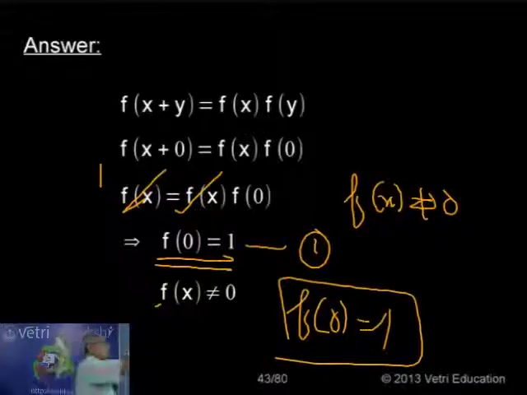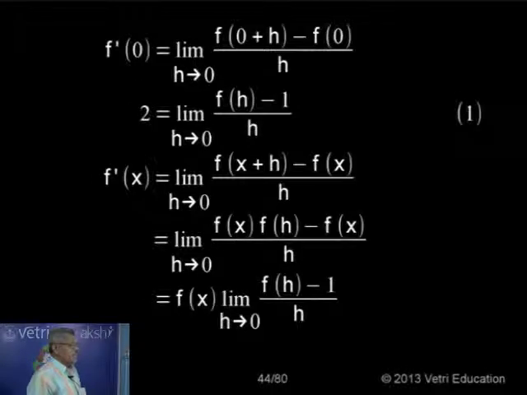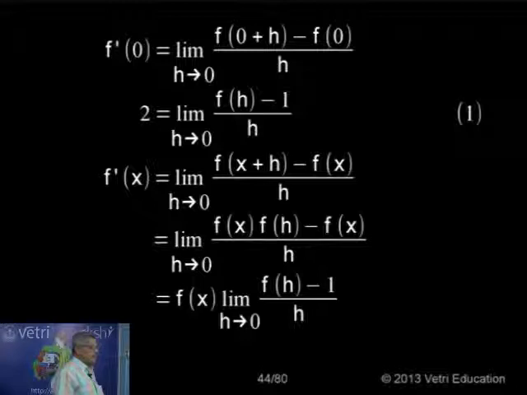Now, once f of 0 is 1, we are making use of the condition of differentiability. The function is differentiable. Therefore, f dash x is limit h tends to 0, f of x plus h minus f of x by h. f dash 0 is limit h tends to 0, f of 0 plus h minus f of 0 by h.